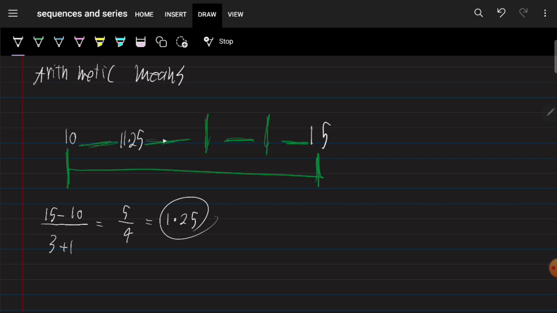We can add 1.25 again to get the next arithmetic mean, which would give us 12.5. And we can add 1.25 one more time to get the last one. So this would give us 13.75. Okay, and you can see that if we were to add another 1.25, we would end up getting 15.